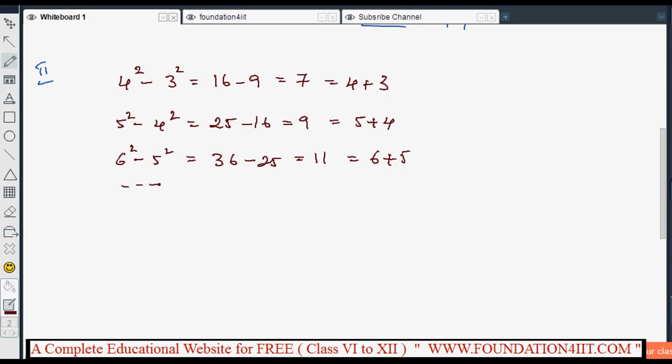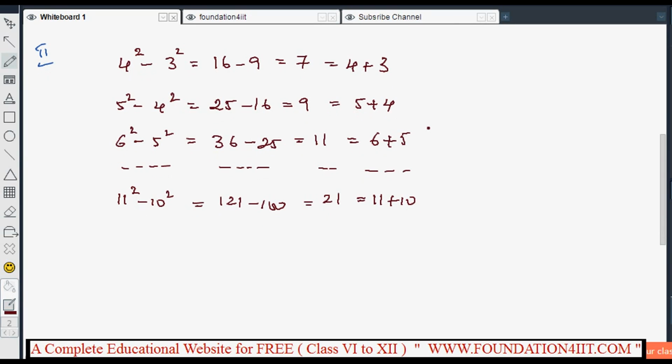If you continue this pattern, take 11 square minus 10 square: 121 minus 100 equals 21, which I can write again as 11 plus 10. Now apart from numbers, we can generalize. For example, n plus 1 whole square minus n square we can write as the first number plus the last number.